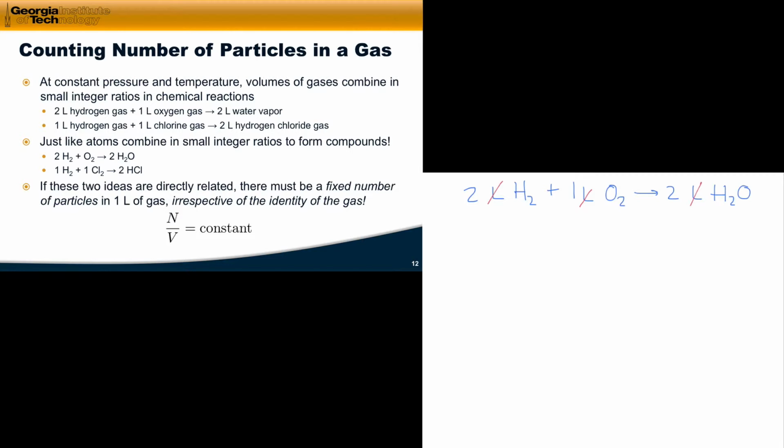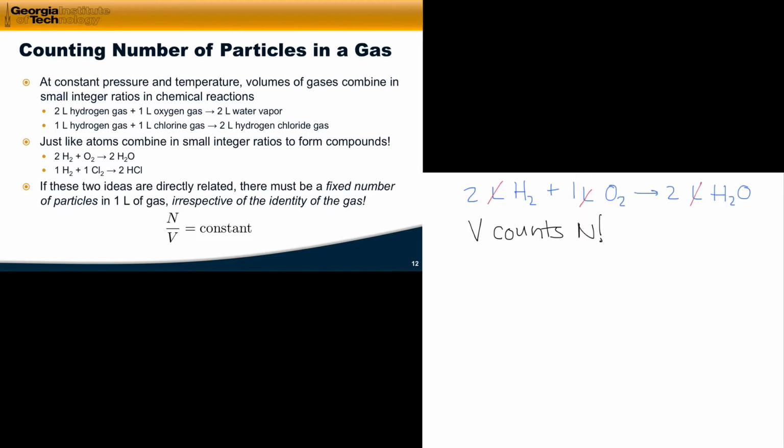What this means, and the beautiful idea that comes out of this, is that we can use volume to count number of particles. We may not know exactly how many particles there are in a liter of gas, but we don't necessarily need to know, and that was the other powerful insight that came from Avogadro's law. If you've seen the ideal gas law before, this should make sense.